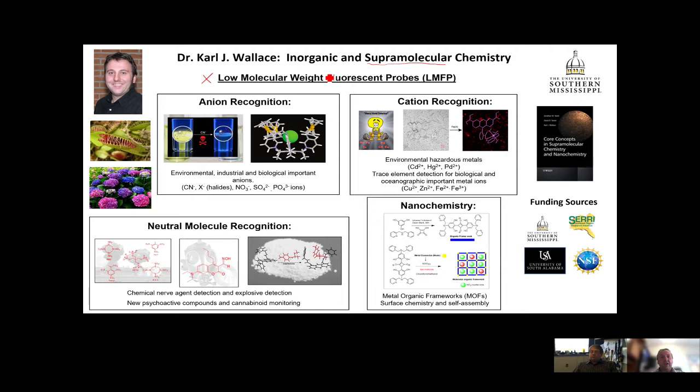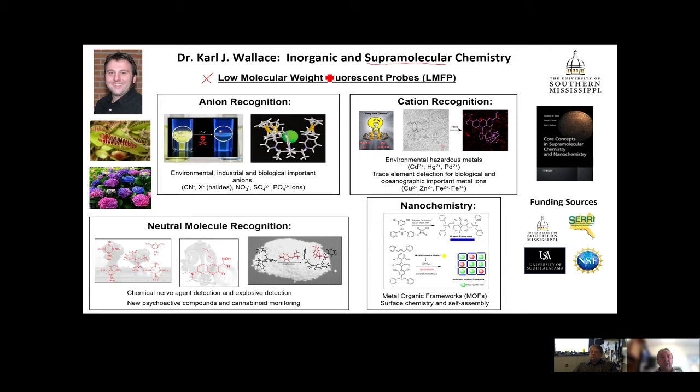So we've got anion recognition first. I'm specifically interested in anything that could be of an environmental or biological importance. So if we build up, say, for example, phosphates or nitrates in water systems, we can have a process that might occur, which is called eutrophication, which is the build-up of algae, essentially, in lakes.